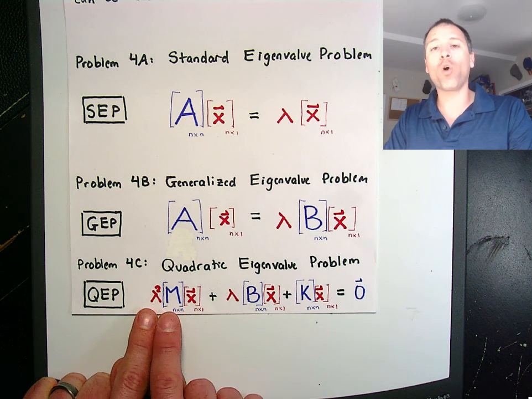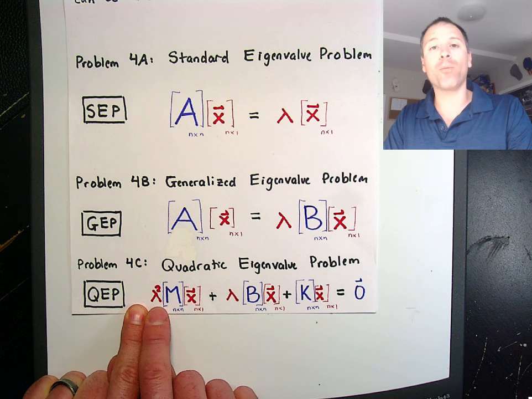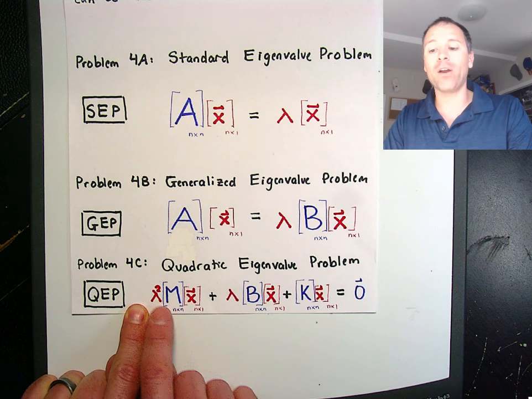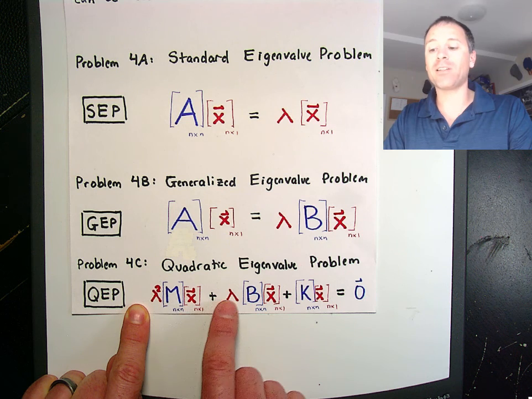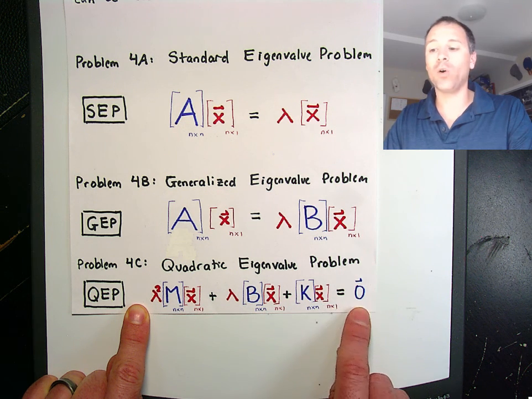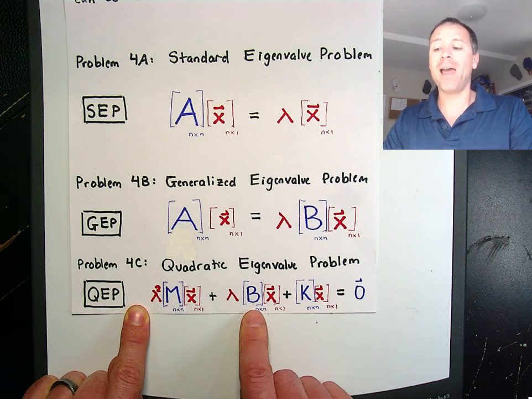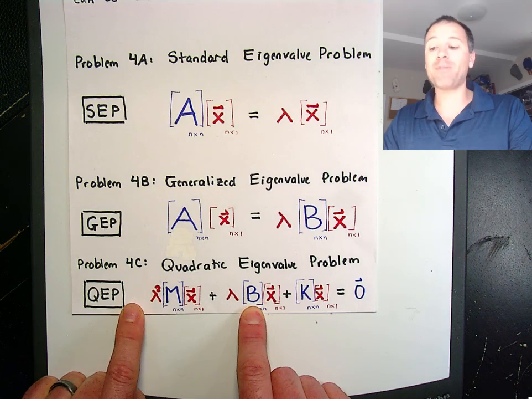And then we're looking for eigenvalue eigenvector pairs in the form lambda and x, such that lambda squared M times x plus lambda B times x plus Kx equals 0.